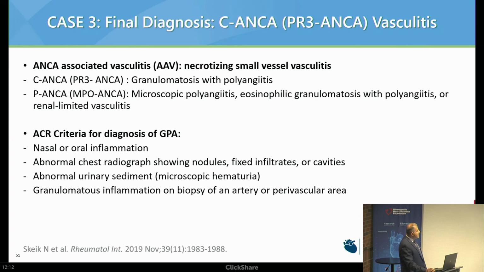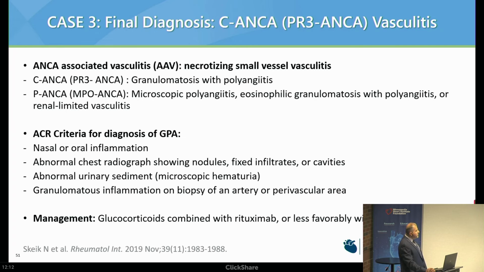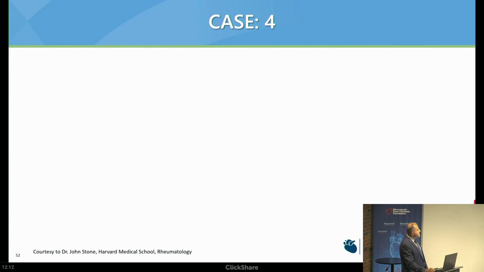There are American College of Rheumatology criteria that you can see there that we use to make the diagnosis. My management for this group of diseases is to use glucocorticoid combined with rituximab. We used to use cyclophosphamide previously, but now there is more indication to use rituximab due to side effects.